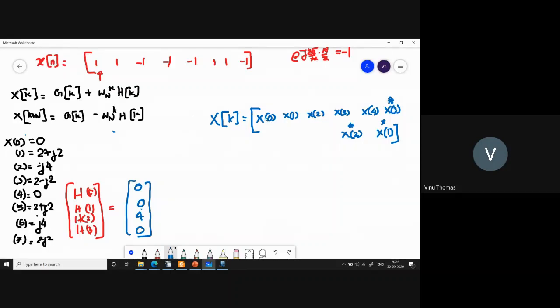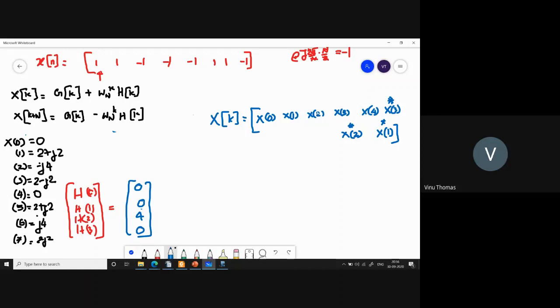So if the input sequence is real, use this observation to see that X of 0 up to X of 4 only need to be computed. X of 0 you can easily compute by adding up. X of 4 you compute the values as the first sample minus second sample plus third sample minus fourth sample, etc. Compute the intermediate values.